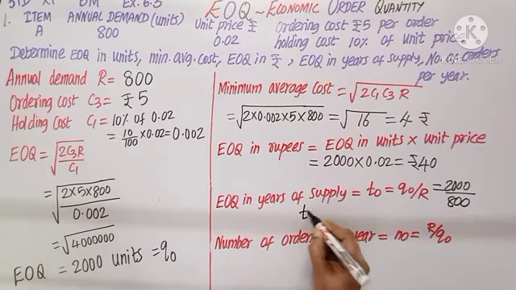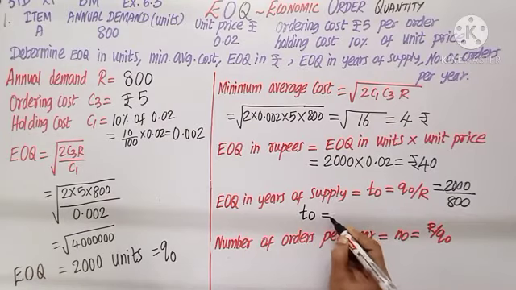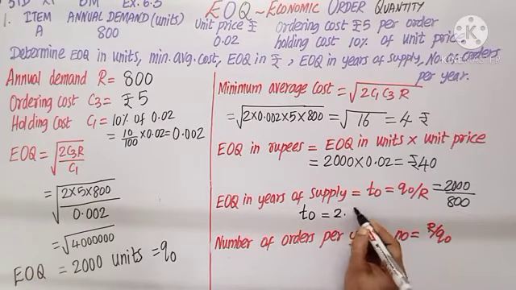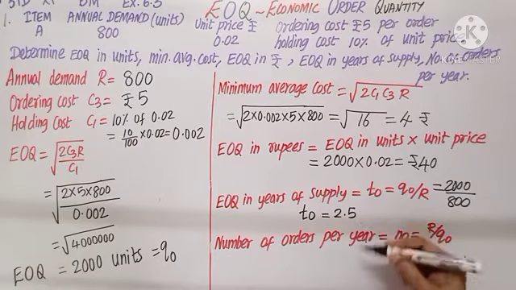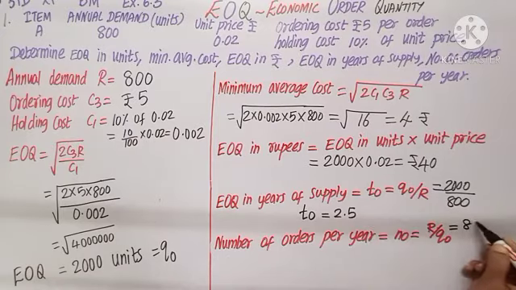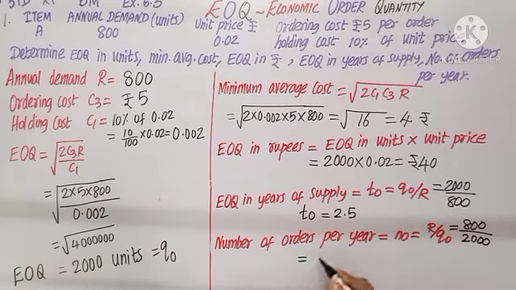As we divide, we get T naught equals 2.5. Number of orders per year, N naught, which is R by Q naught, or 800 by 2000, that is 0.4, and hence the problem.